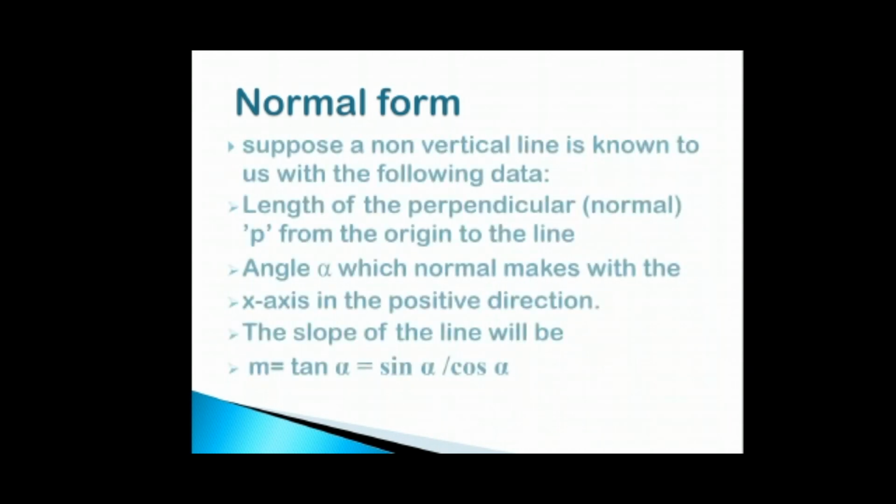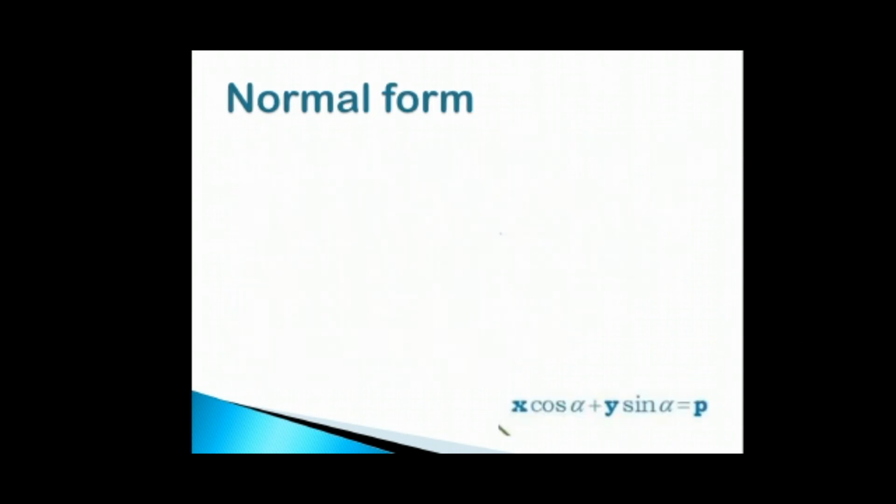Next form of the line is normal form. Now let us consider a non-vertical line, where we know the length of the perpendicular p from the origin to the line, and angle alpha which the normal makes with the x-axis in the positive direction. The slope of the line will be m is equal to tan alpha, that is sin alpha upon cos alpha.